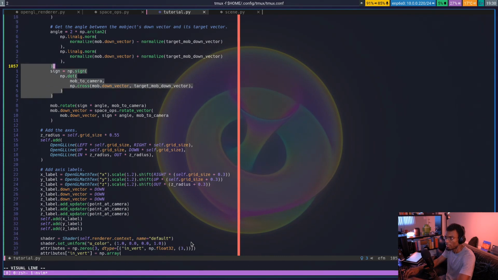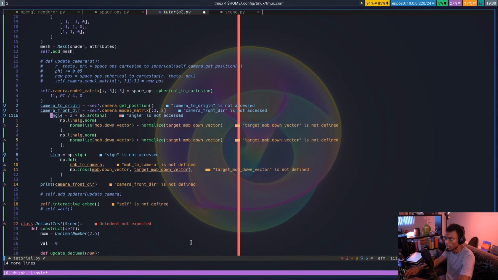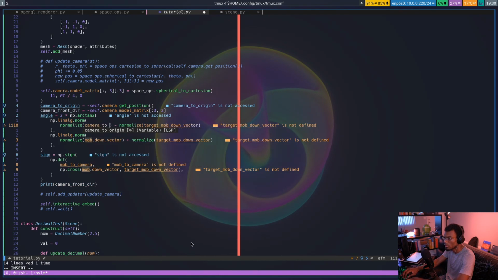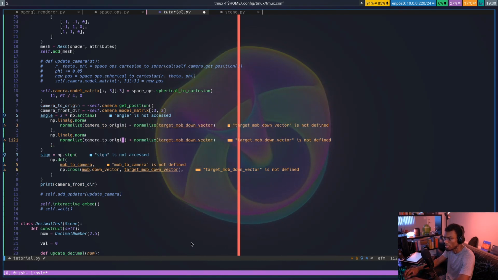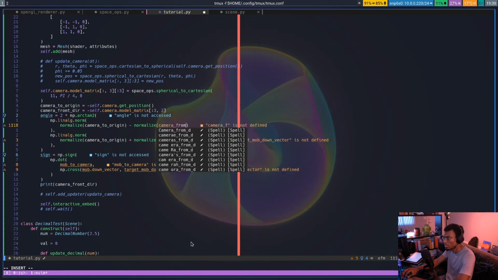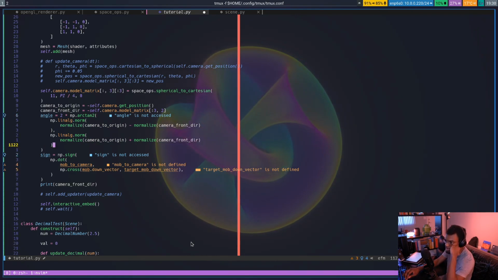But basically every time I do this, the origin, this will be camera to origin. Front direction, this will be that too. So that'll give you the angle between those. Now I can cross these.